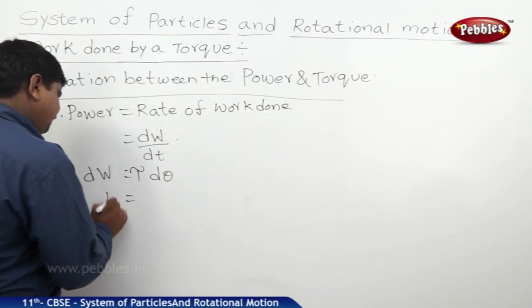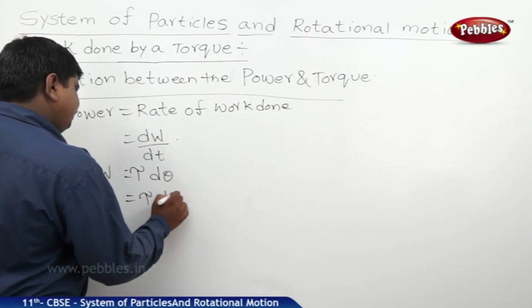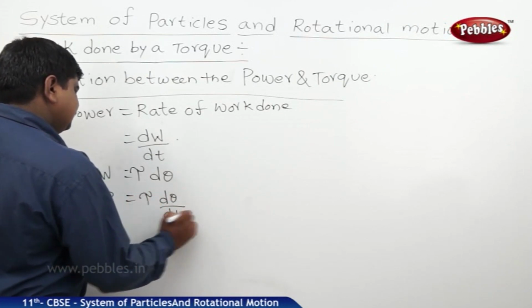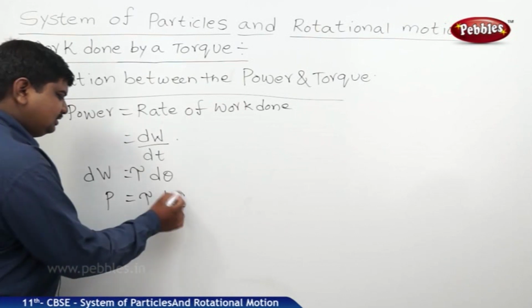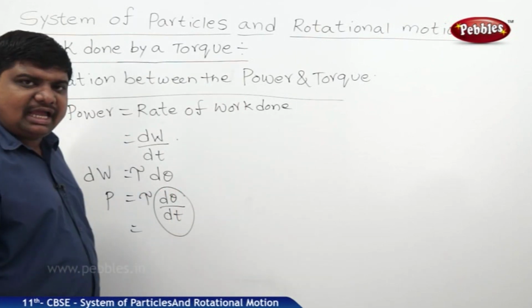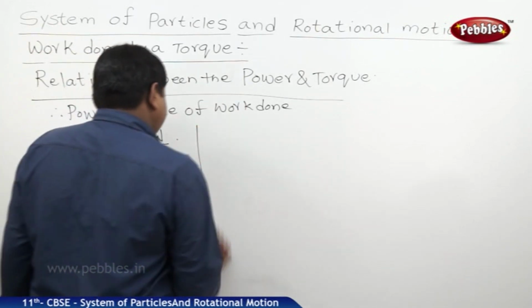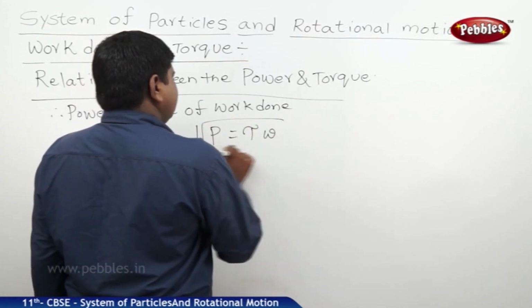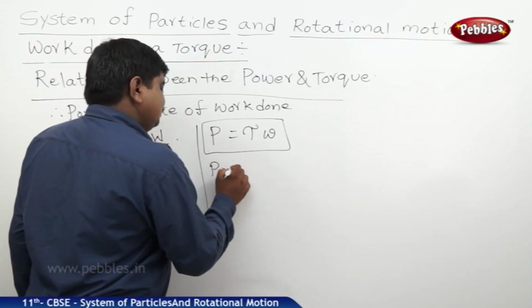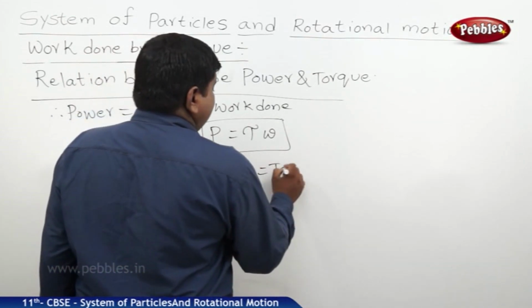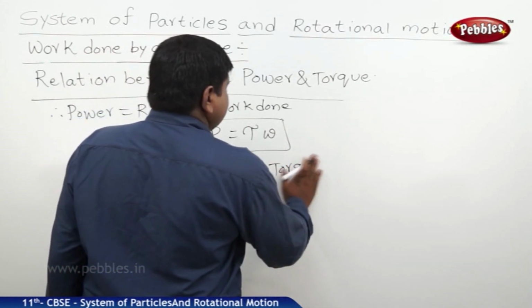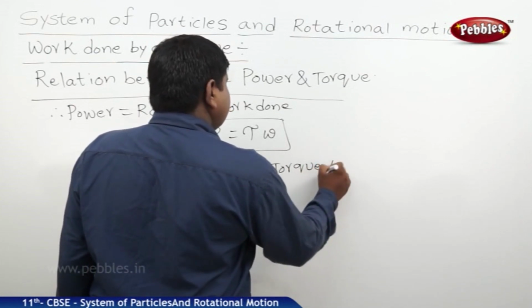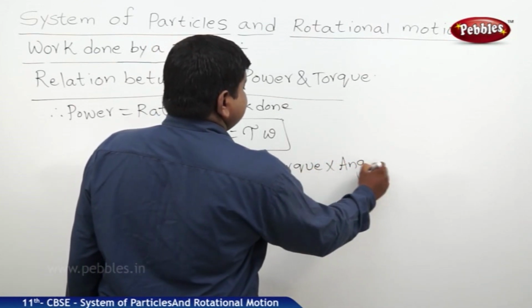Therefore, P is equal to tau into d theta by dt. This d theta by dt is nothing but the angular velocity. Therefore, P is equal to tau omega. So power is equal to torque into angular velocity.